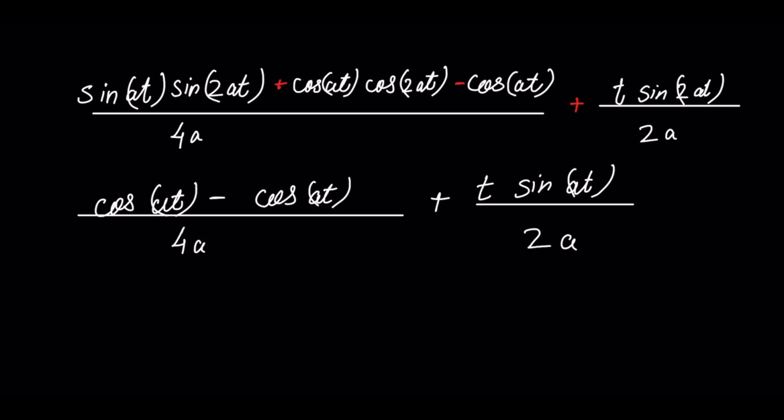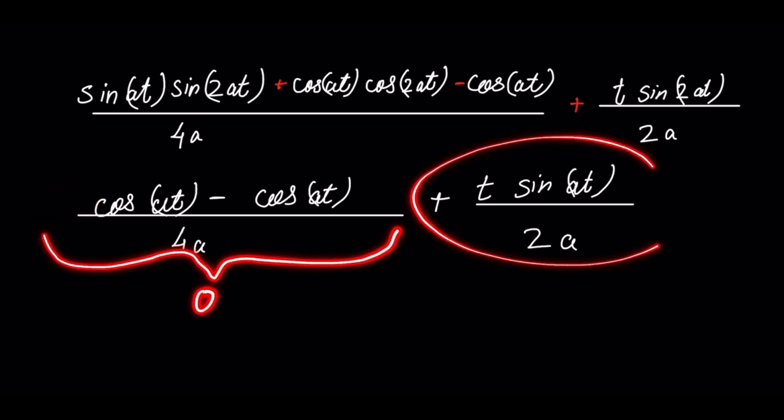You can notice that this cos of at and this cos of at are going to cancel out, leaving the numerator with 0. So this entire term becomes 0, giving us this as the final answer.